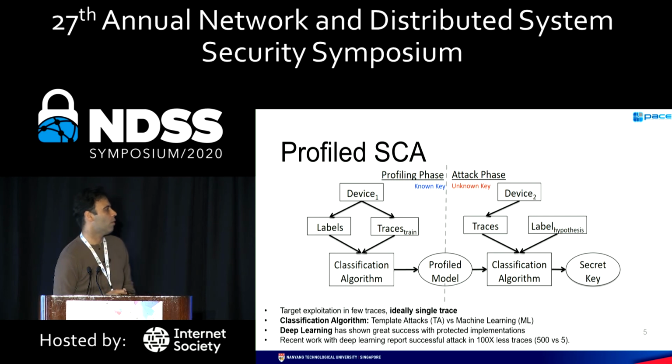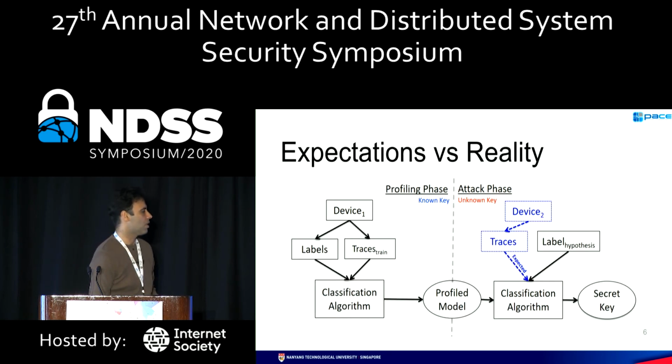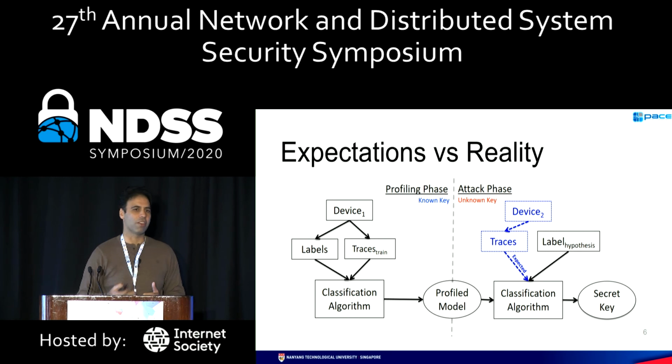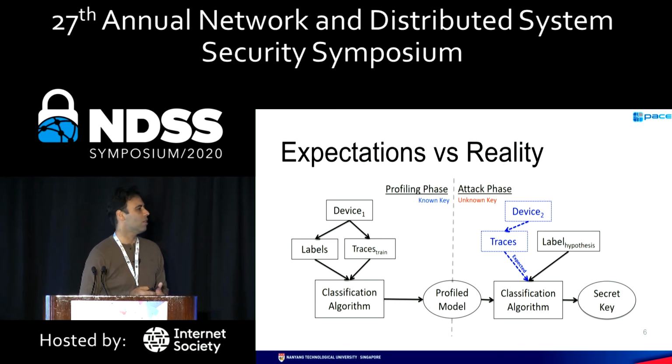So now what we look at is expectation versus reality: what we are expected to do in a profiled attack and what we actually do. In the attack phase you are querying an unknown or victim device, a different device that you cannot normally profile.